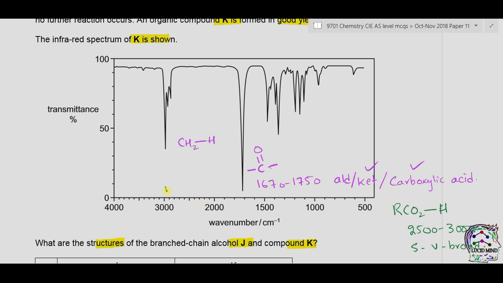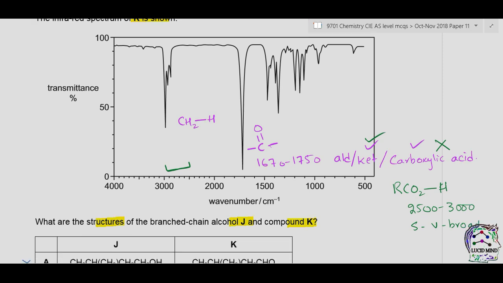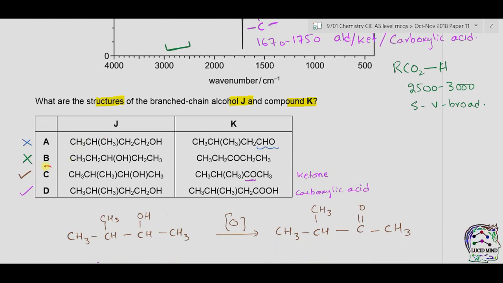As we can see that between 2500 to 3000 a sharp and very broad peak is absent, so therefore it is not carboxylic acid, it is ketone. The answer is therefore C, because C gave ketone and D gave carboxylic acid.